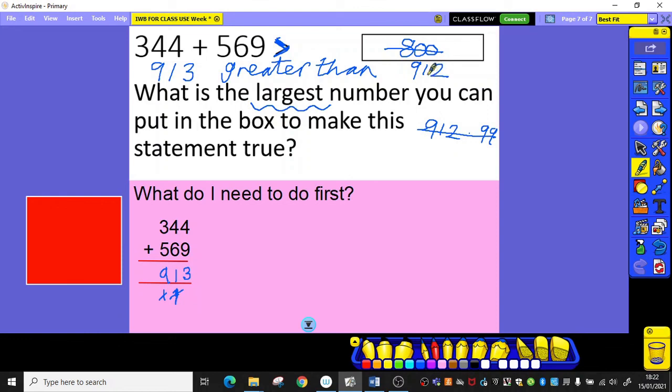Okay. So this was the value on this side. It has to be bigger, because this is what this symbol tells me, than this side. Remember, it's like a mouth eating the larger side. We always point to the smaller number. So this has to be bigger. What's the biggest then I can have on this side? 912.